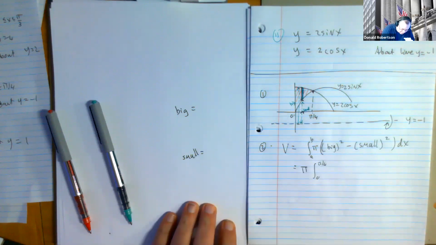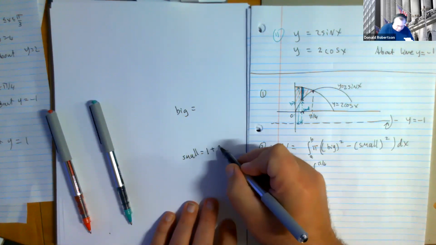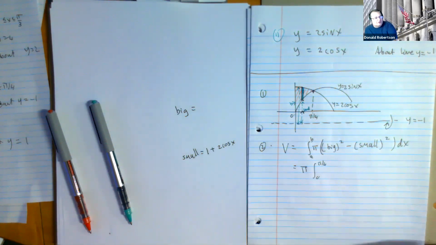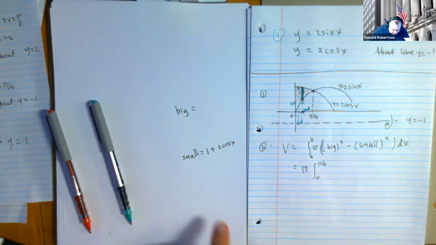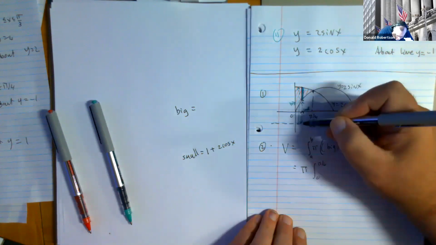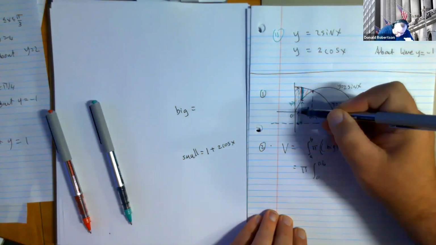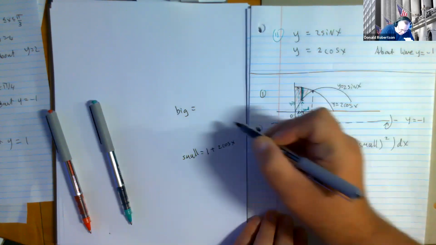So 1 plus 2 cosine x. Do you see in this case it's 1 plus the function rather than a subtraction? So it does matter where the axis of rotation is. What will be the distance from here to here then? Well, won't it also be 1 plus the value of the function?